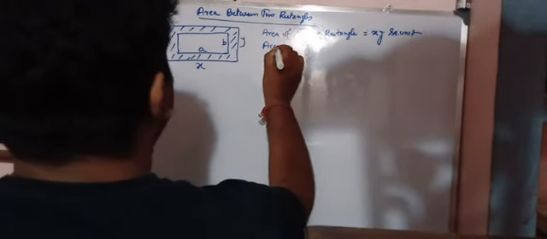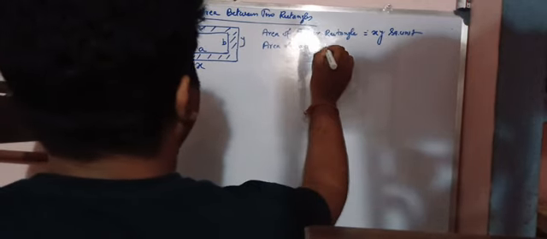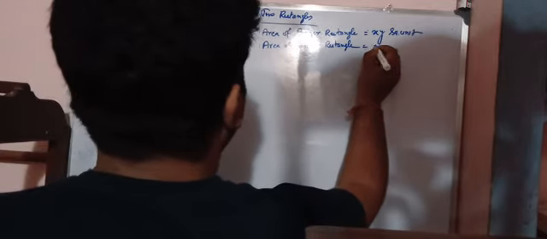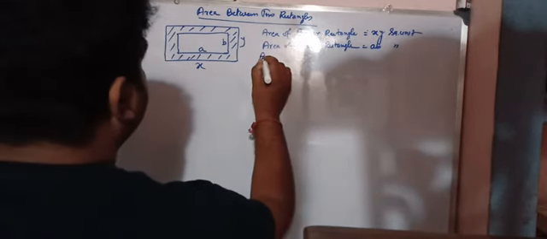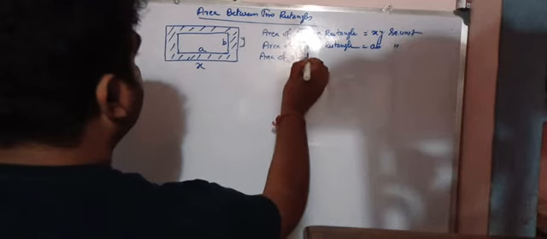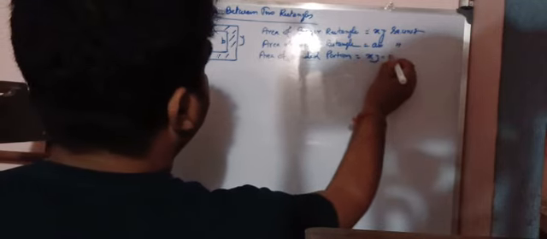Next, the area of the smaller rectangle is equal to ab square unit. So the area of the shaded portion is equal to xy minus ab square unit.